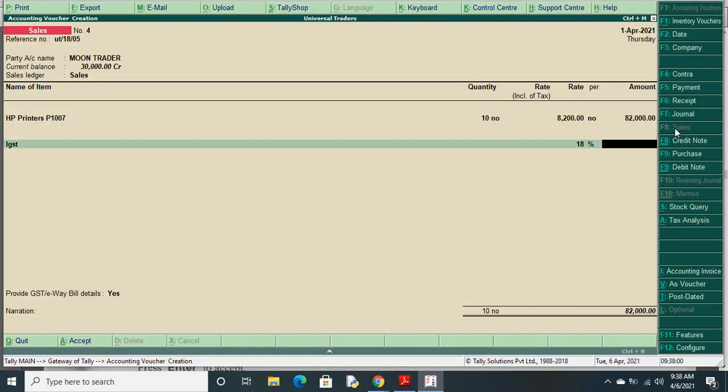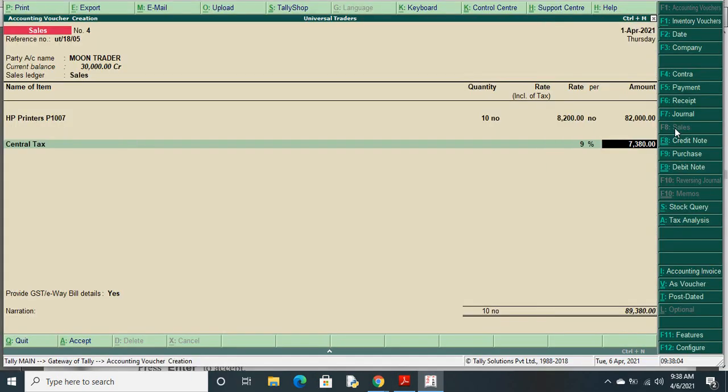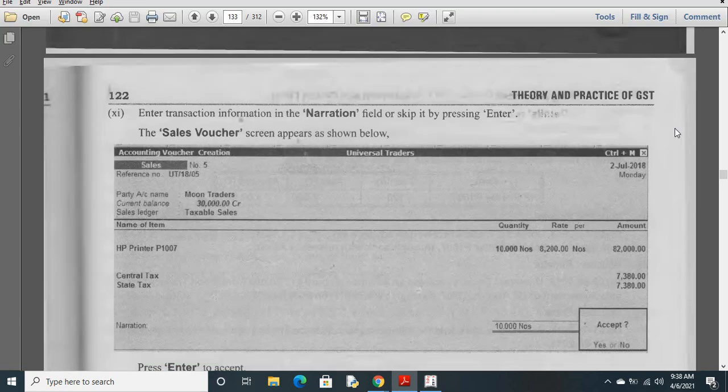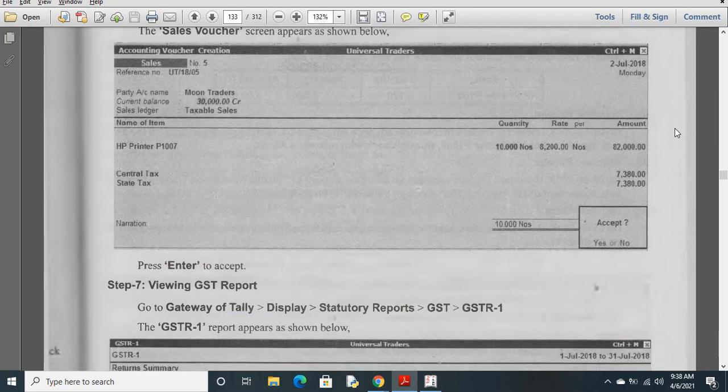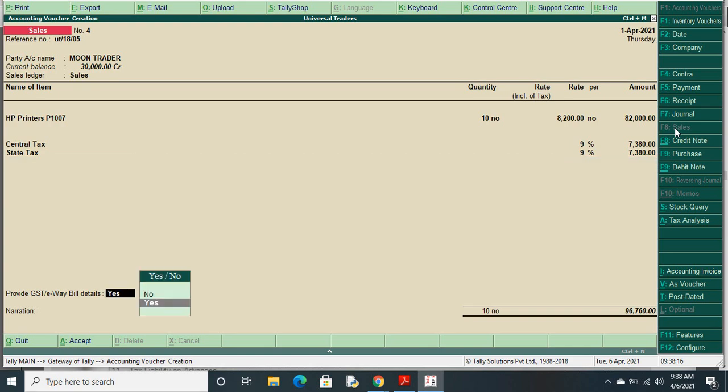Okay, not IGST. CGST, state tax. These are the two taxes. Why? Because he is from the same country, same state. Enter, enter.